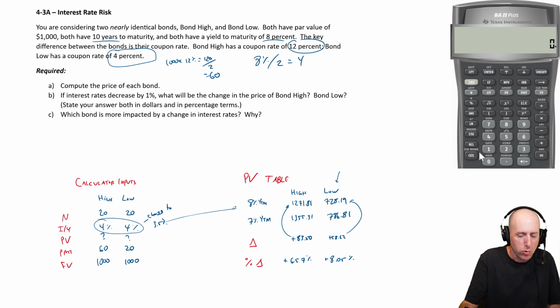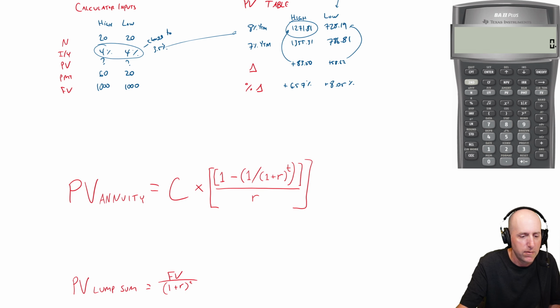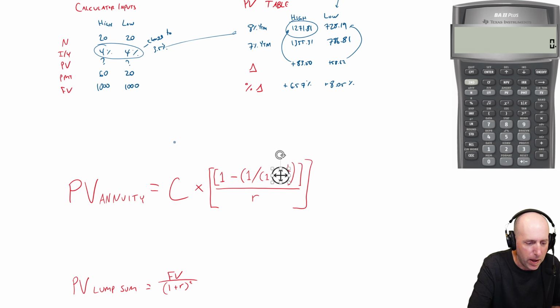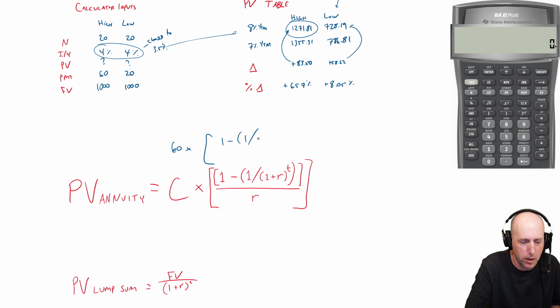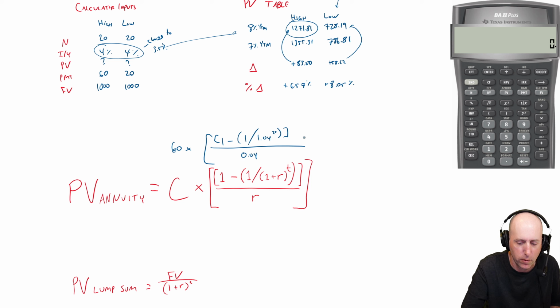So let's redo our baseline high. So we're going to shoot for this number, 1271.81. I'll use all these baseline high figures. So PV of an annuity, C is the payment, 60, times 1 minus 1 over 1 plus R, which is 4%, 1.04, to the power of 20, all divided by 0.04.